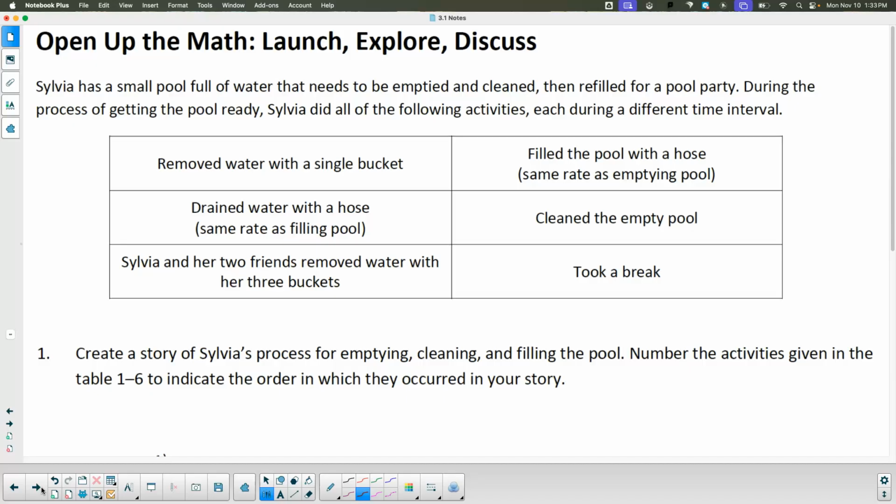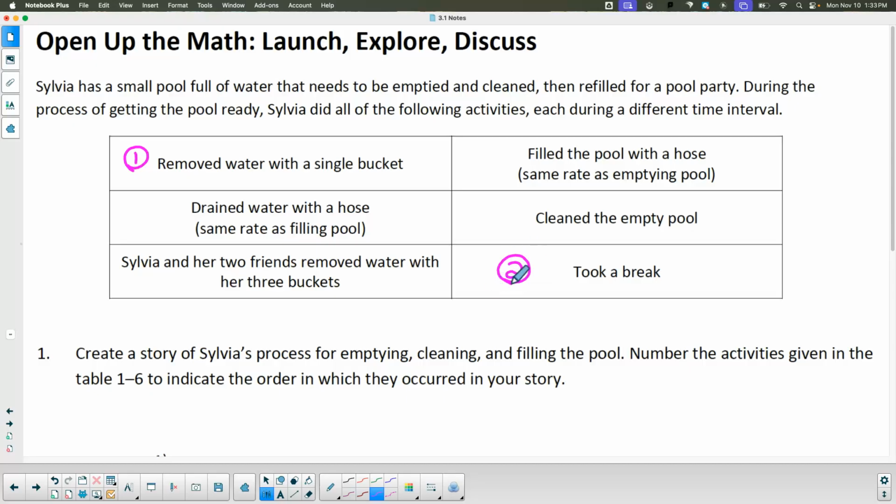So I'm going to say that Sylvia first removed water with a single bucket. Right? But then she realized that's going to take forever. Right? So she took a break.